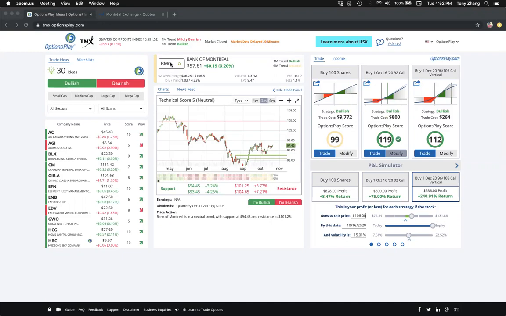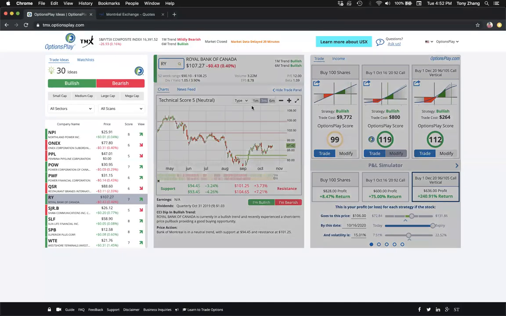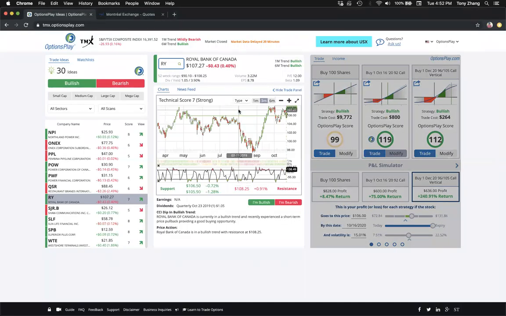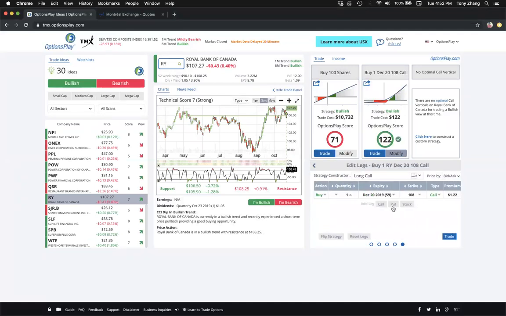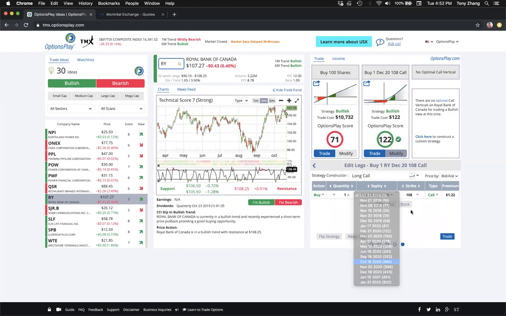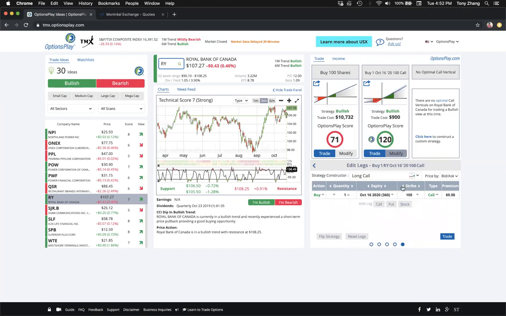Let's look at Royal Bank of Canada, trading at 107 right now. This stock is near its all-time high. Maybe you think the stock can actually break out, and maybe buy a 100 strike call. As you can see, it costs me $9 to buy a 100 strike call going out to October 2020.